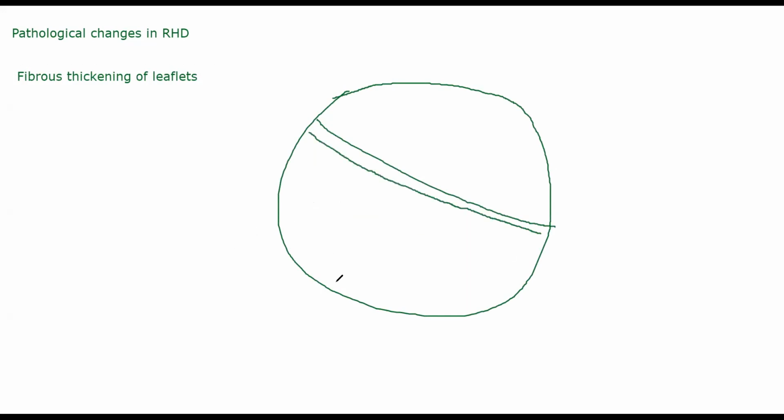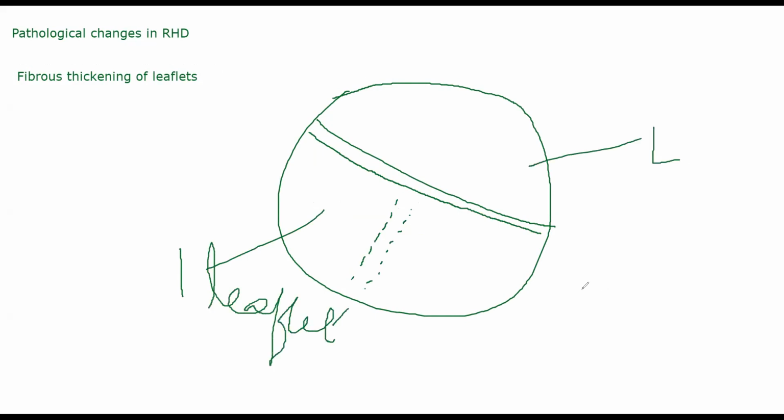So you have a bicuspid, right, two cusps, and this is not exactly, this is an attached line, so I'm representing it as a dotted line, but this is one leaflet, okay, this is the other leaflet. Or cusps, both of them refer to the same thing.